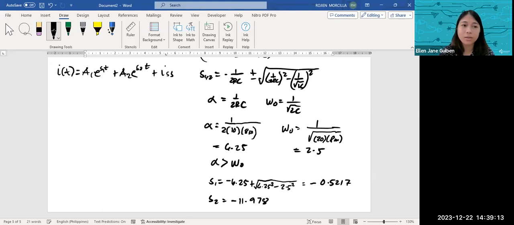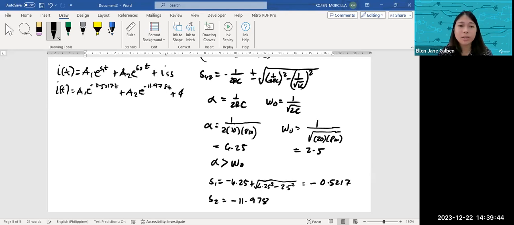11.978. Going back here, I of t is equal to A1 e to the negative 0.5217 t plus A2 e to the negative 11.978 t plus 4 amps.